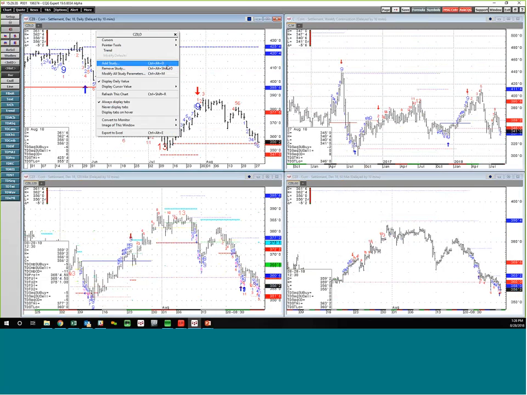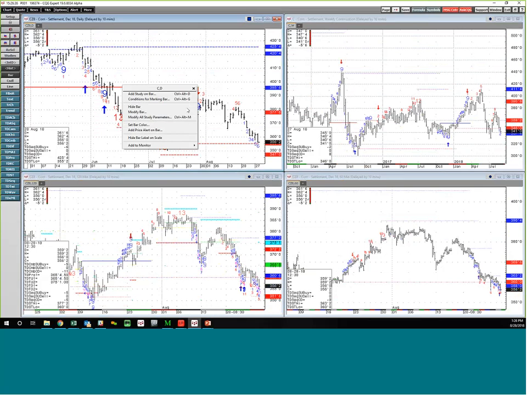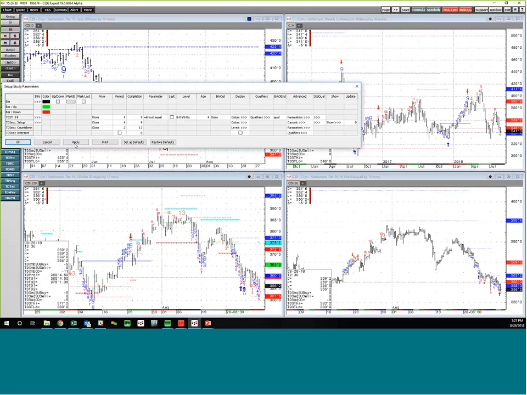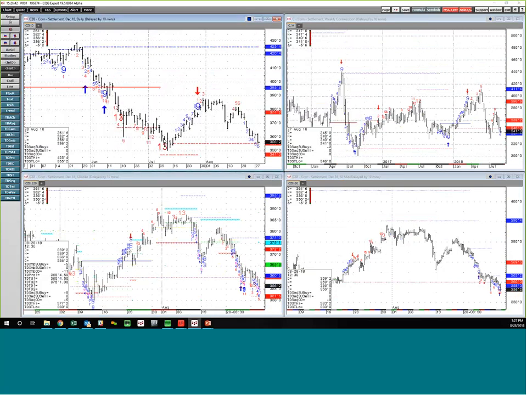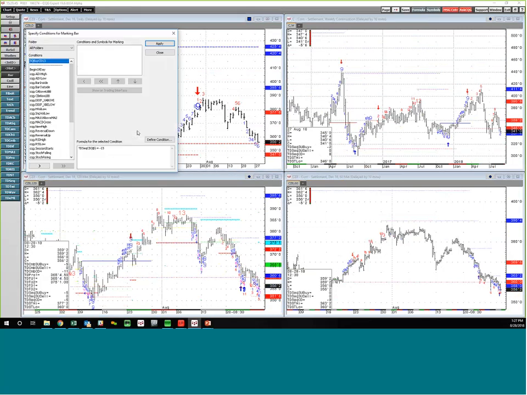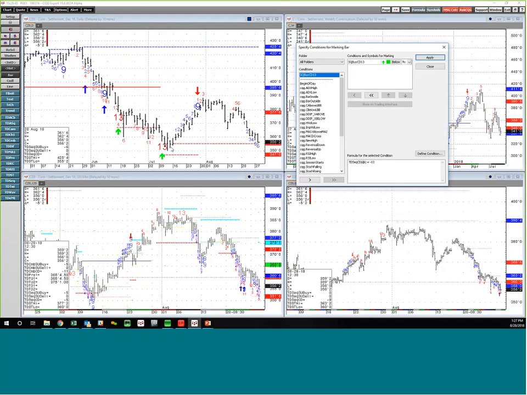So say maybe I use combo predominantly, but I want to know just when sequential is marking that 13. I can create my condition, come to conditions for marking bars, add that in here. I'm going to add a big green arrow. And so that's going to show me when sequential is hitting 13s.